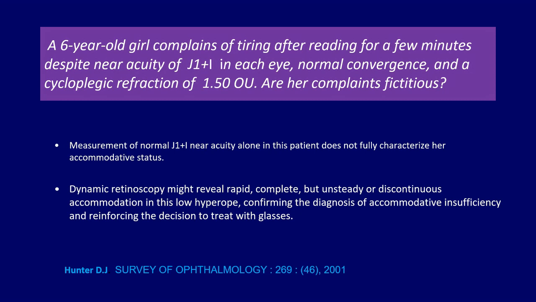Measurement of a normal near acuity alone in this patient does not fully characterize her accommodative state. Dynamic retinoscopy might reveal rapid, complete, but unsteady or discontinuous accommodation in the low hyperopic eye, confirming the diagnosis of accommodative insufficiency and reinforcing the decision of treating her with glasses.